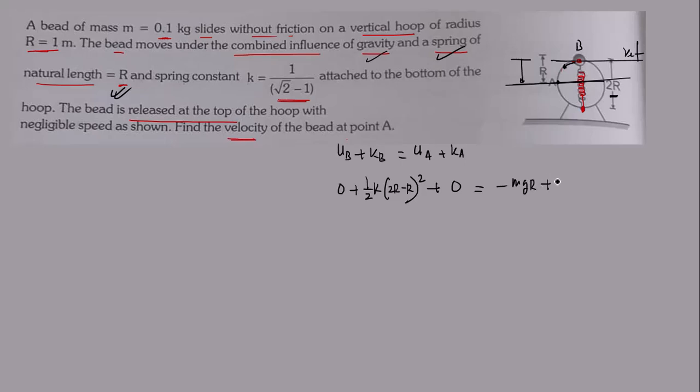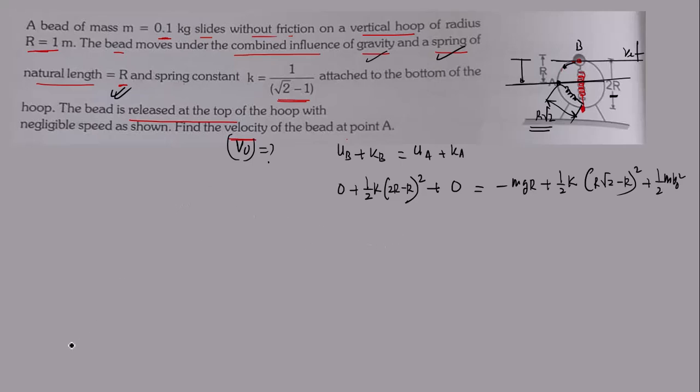And the spring potential energy is half k x square. At point A, the spring length is R root 2, which is clearly more than R. So the elongation is R root 2 minus R, and we take its whole square. Finally the kinetic energy is half m V naught square, and V naught is the velocity of the bead that you want to calculate.